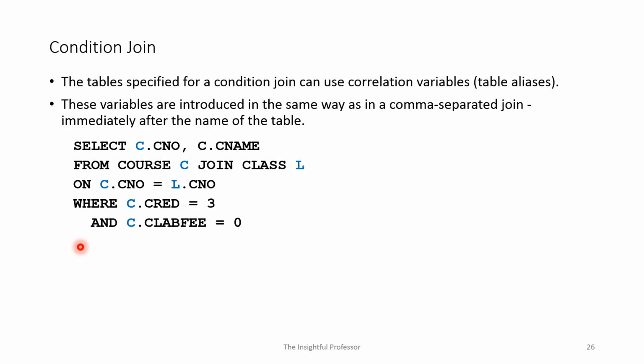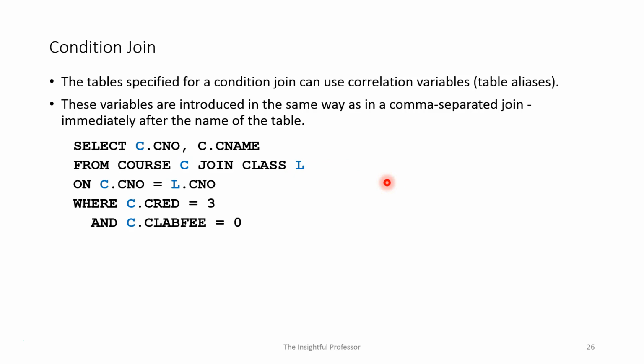One other thing to take a look at here is we have talked about correlation names or correlation variables or table aliases. And we had indicated that you could introduce those immediately after the name of the table, put your little identifier, whatever it's going to be. And I say little because typically it's abbreviated. It's much shorter than a table name. So you put that identifier, and then you put your table and another identifier and so forth.